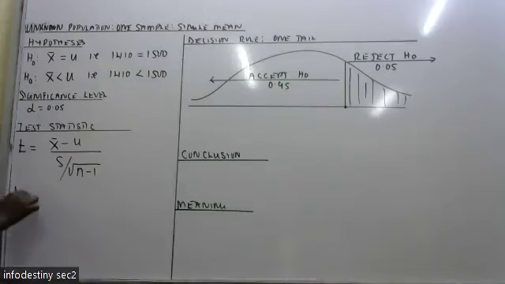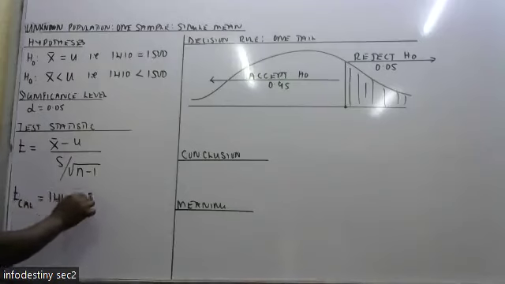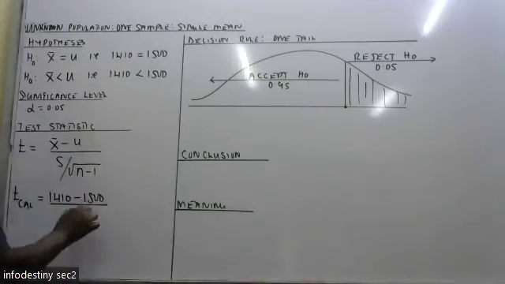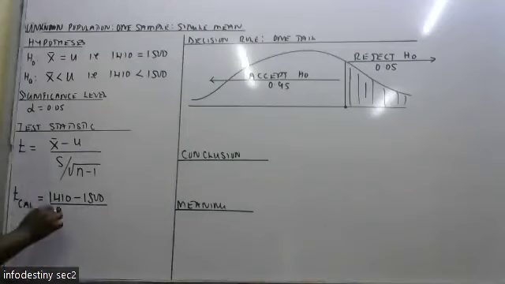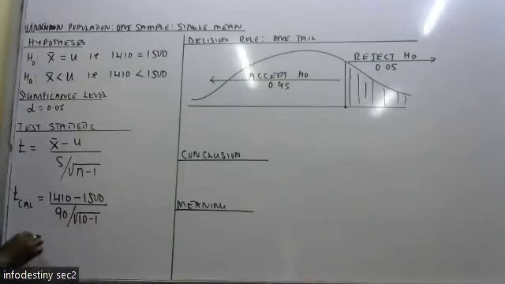So T calculated would be 1410 minus 1,500. The standard deviation you were given is 90 and the sample size was 10. So 10 minus 1.